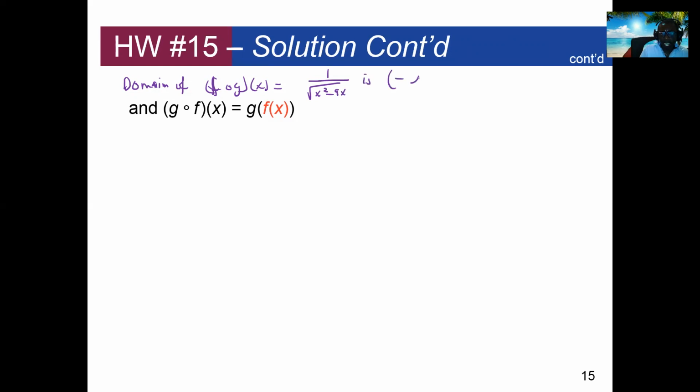From -infinity to 0, and from 9 to positive infinity. Because if you include any interval between 0 and 9, the denominator will be 0, which is undefined. Okay, so now let's also find the other one, the g composed with f.